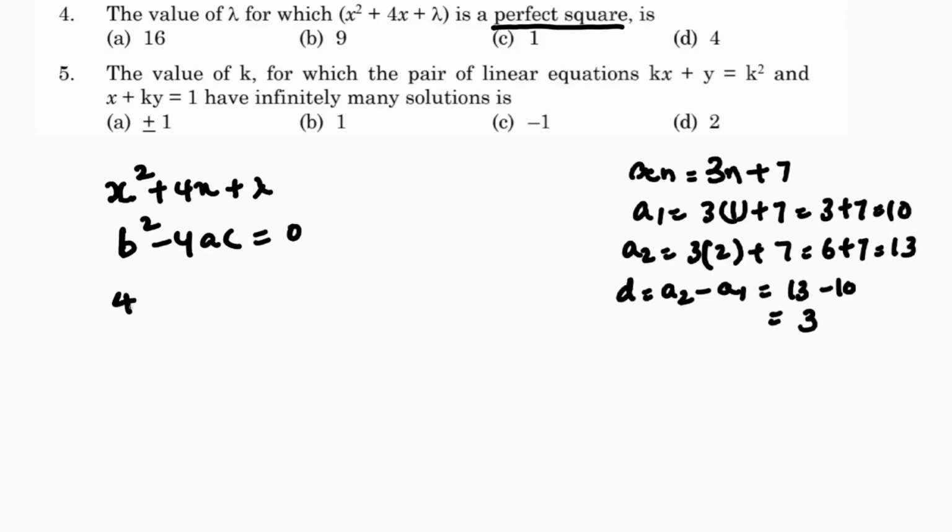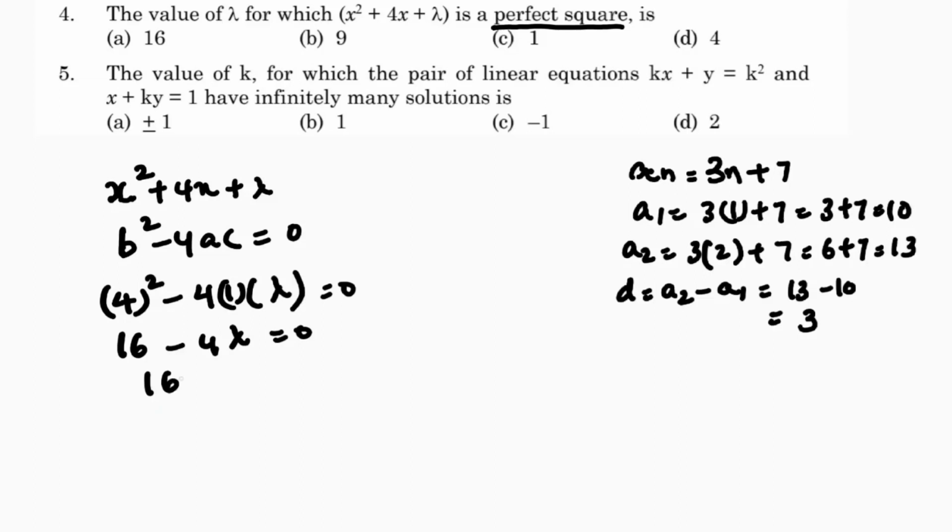Here in place of b we have 4. 4 square minus 4 into a is 1, c is lambda. So 4 square is 16 minus 4 lambda equals 0. 16 equals 4 lambda. Lambda equals 16 by 4. So the value of lambda is 4. So the correct option is D.